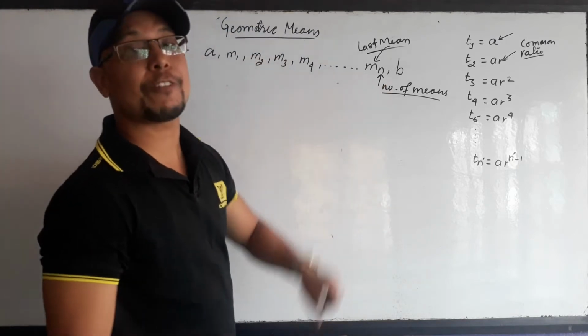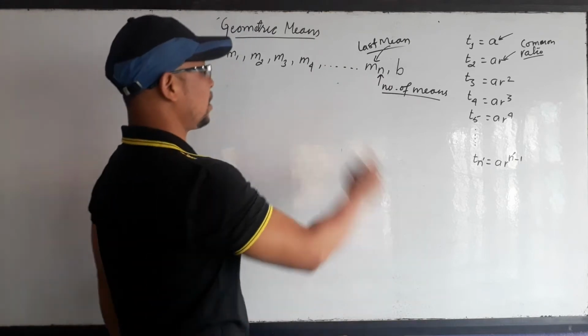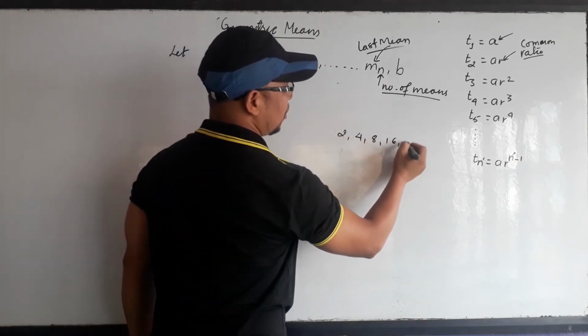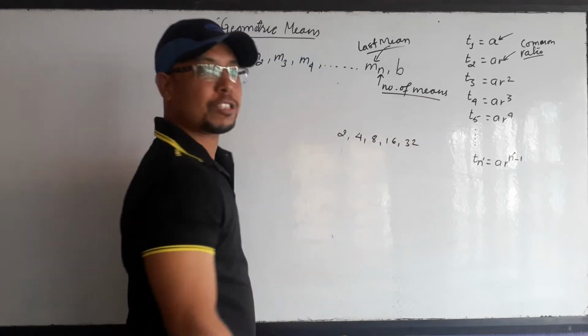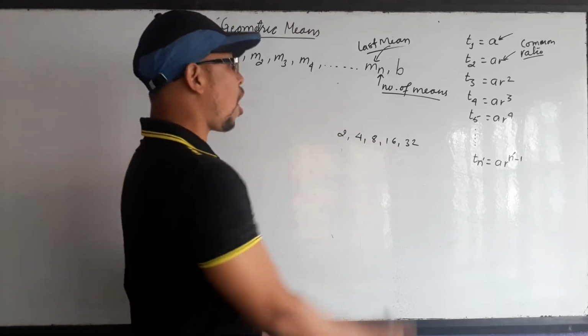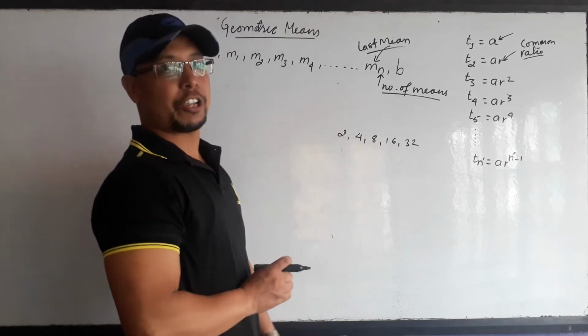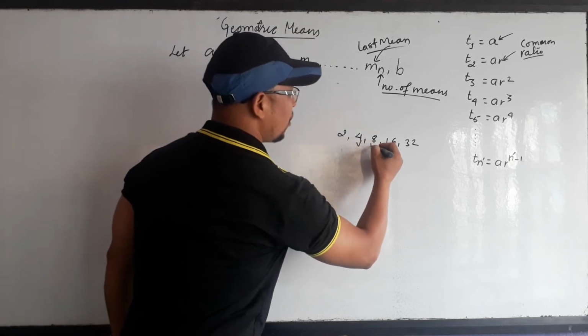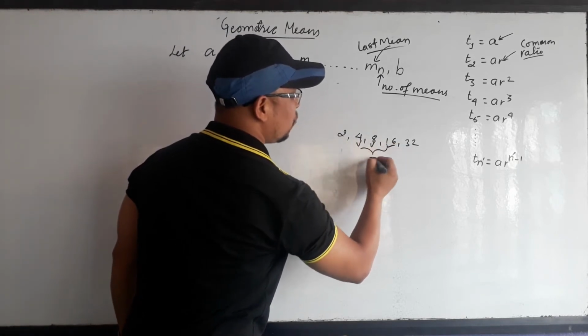What is the difference between the number of terms and number of means? Suppose we have 2, 4, 8, 16, 32, which are in GP. How many means are here? There are 1, 2, 3, so 3 means.